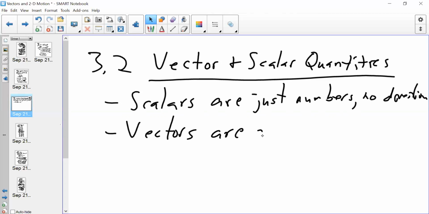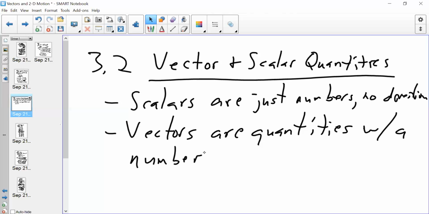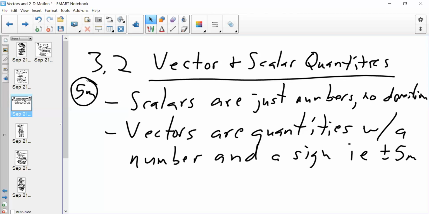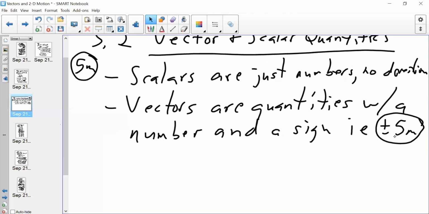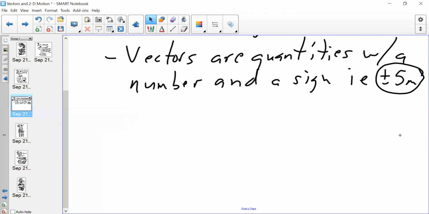Vectors are quantities with magnitude and direction, but I do like to just say number and a direction, or number and a sign. Right, so i.e. plus or minus 5 meters, whereas a scalar would just be 5. Okay, so that's just a rehash of the definition.